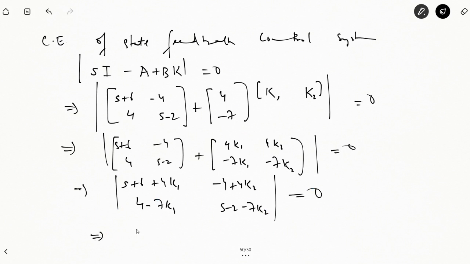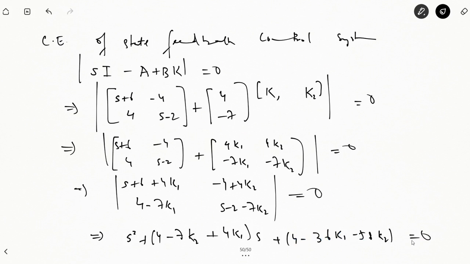Cross multiply this, and you will get s square plus (4 minus 7k2 plus 4k1) times s plus 4 minus 36k1 minus 58k2 equal to 0.